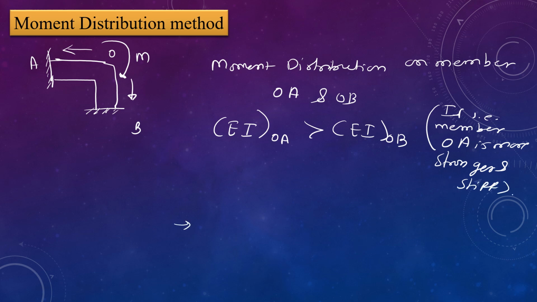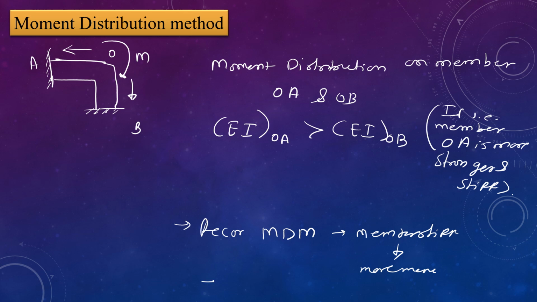According to the moment distribution method, MDM, if a member is stiffer, then it attracts more moment. Then the moment in member OA is more than the moment in member OB. This is the physical meaning of the moment distribution method.